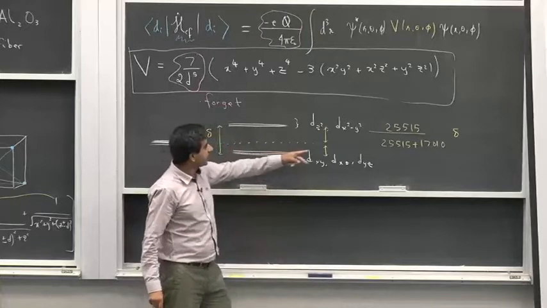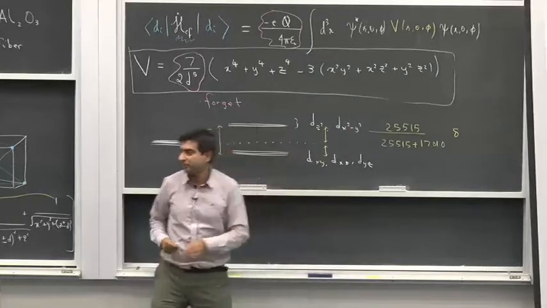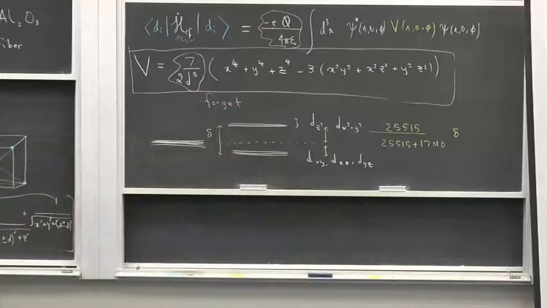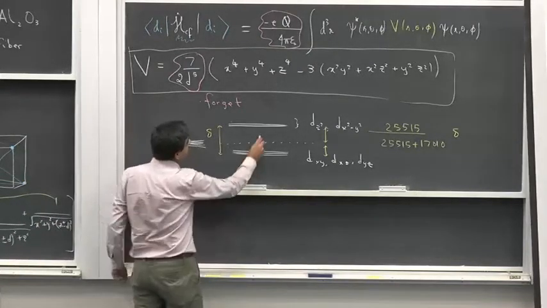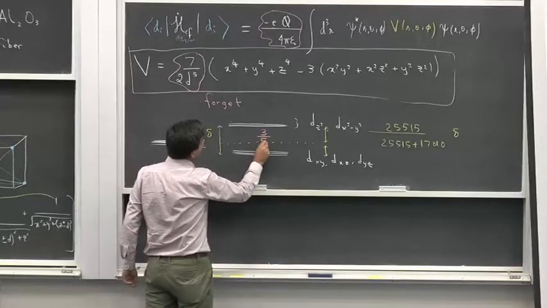Let's find out what this fraction is. This fraction is 25515 divided by 25515 plus 17010, which is 3 over 5. This is raised by 3 over 5.